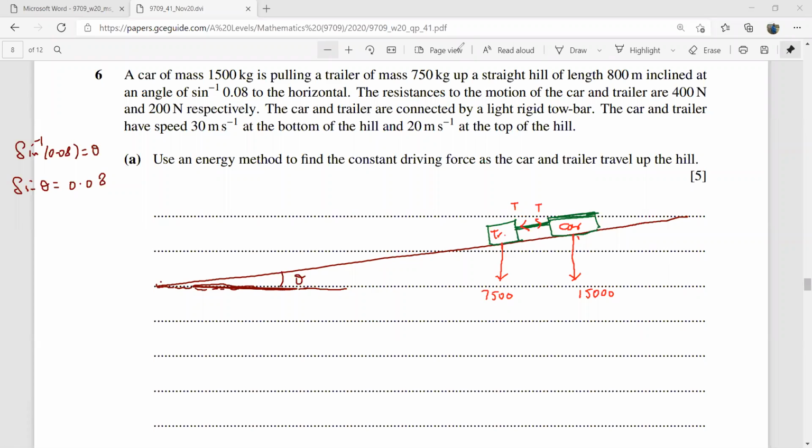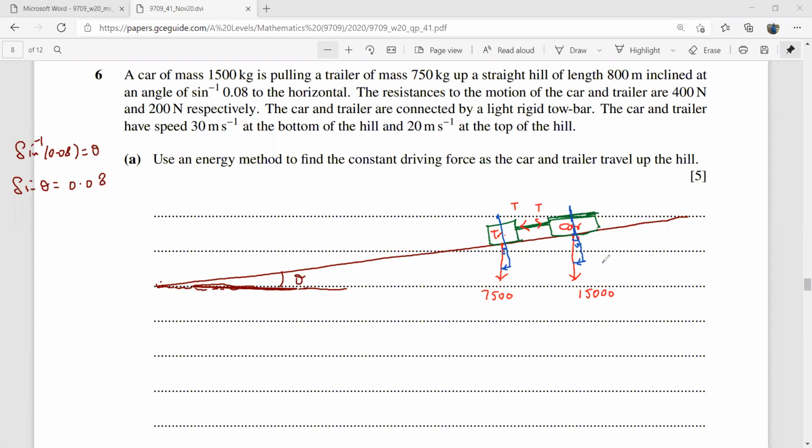We might need these components maybe in the second part. So I'm going to show the components of the weight over here. Let me draw this a bit neatly. You have theta over here, you have theta over here.